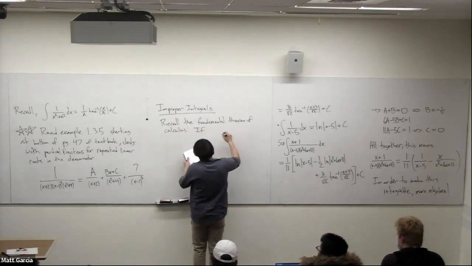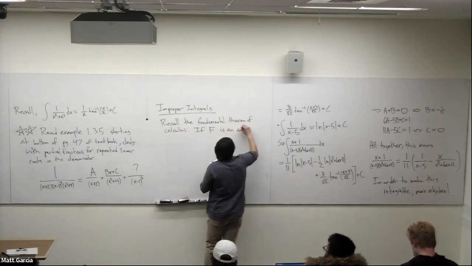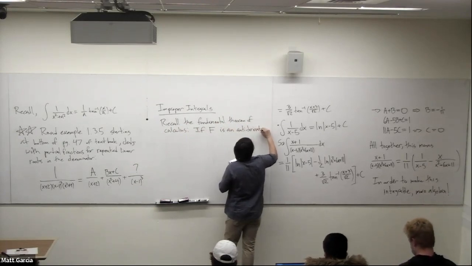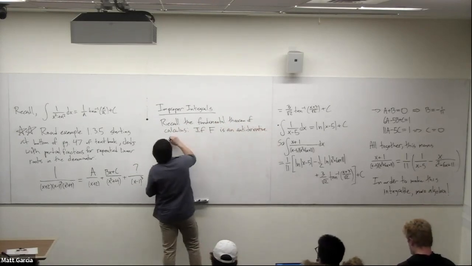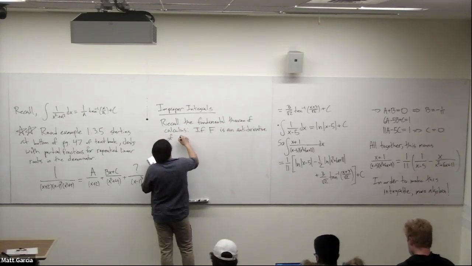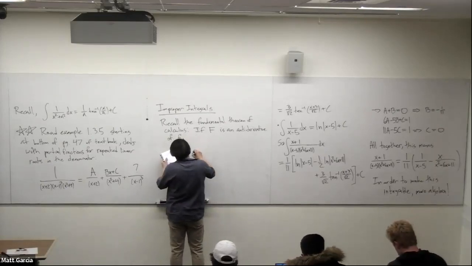If capital F is an antiderivative of little f, then we have the following.